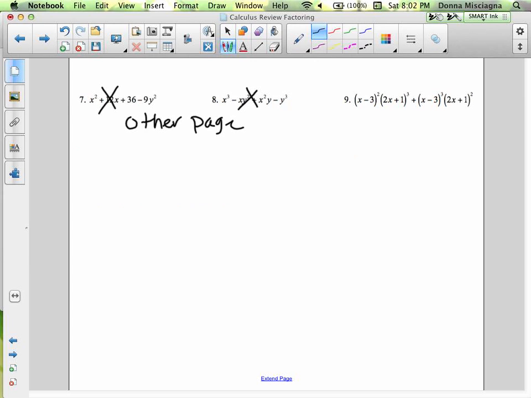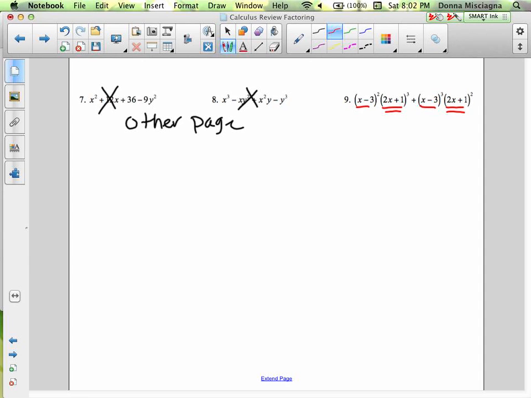All right, so here I see that we have repeating factors. I've got an x minus 3 here and an x minus 3 here. I've got a 2x plus 1 here, and I've got a 2x plus 1 here. All right, so we can factor those out. Now, how many x minus 3's can I factor out?